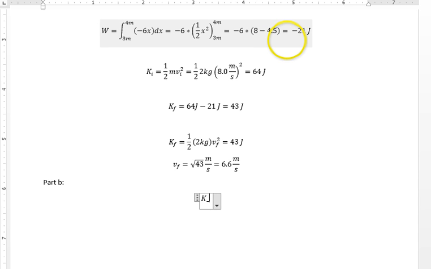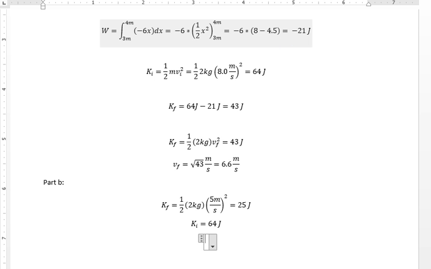K final is now 1/2 of the mass, 2 kilograms, times 5 meters per second squared. So K final is going to be 25 joules. We know K initial is 64 joules. That's where we started out to begin with.